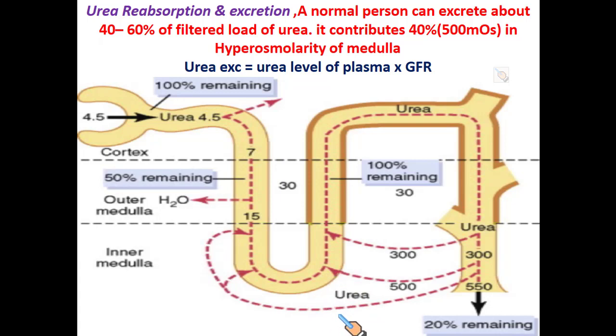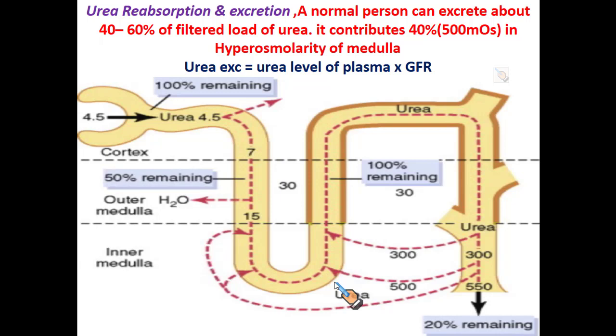So in the liver, the more toxic substance, ammonium or ammonia, is converted into a less toxic substance, urea. And once urea is formed in the liver, it is the prime responsibility of our kidneys to excrete it from the body. 80% of the urea produced by the liver is removed through the nephrons, or the kidneys, while the remaining 20% is removed through the GIT.